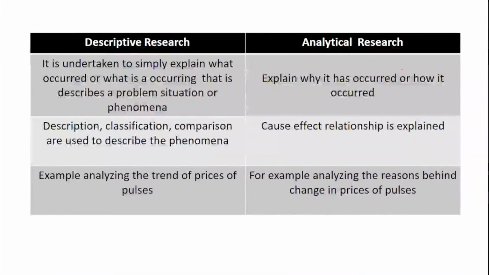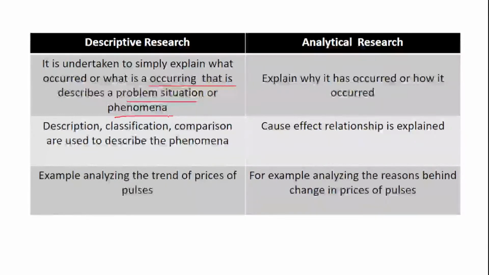Coming to descriptive and analytical research. When we are talking about descriptive research, it is simply to explain what occurred or what is occurring, that is, describing a problem or a phenomenon, a process where we are describing a research in the form of its occurrence or its problem situation.